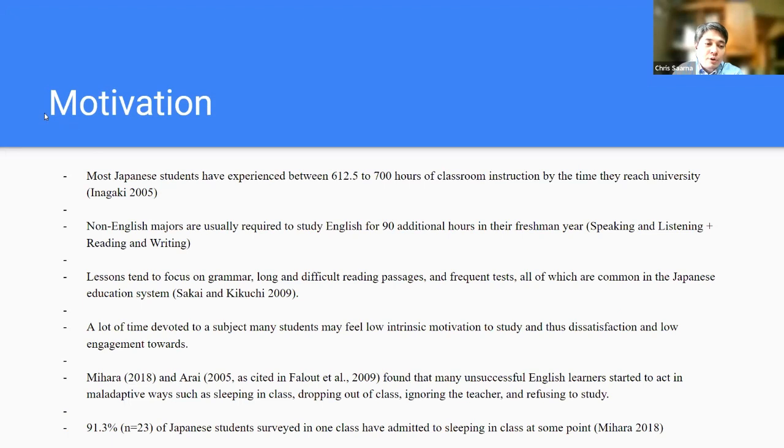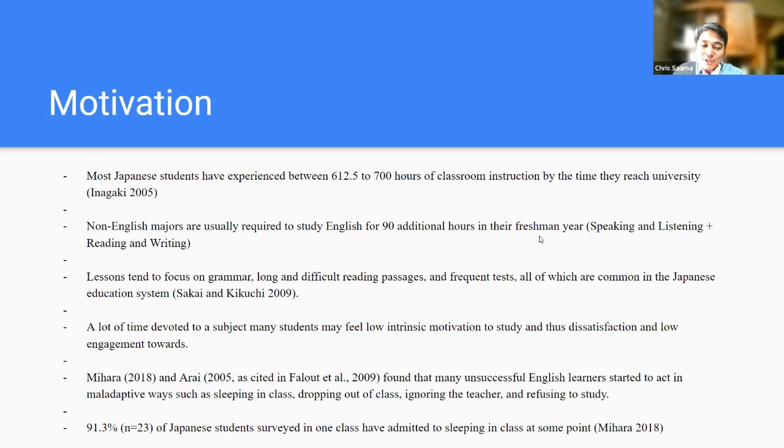Now I'll go a little bit into motivation. Most Japanese students get maybe 600 or 700 hours of classroom instruction by the time they reach university. Non-English majors usually require 90 additional hours in their freshman year.